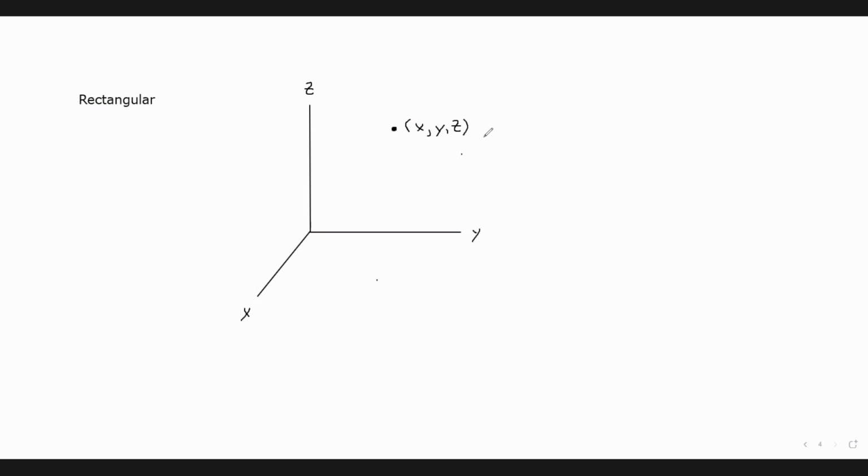All right, now the other coordinate system that we will frequently use is the polar coordinate system. And the polar coordinate system is a two-dimensional system. So right and left-handedness has no meaning.